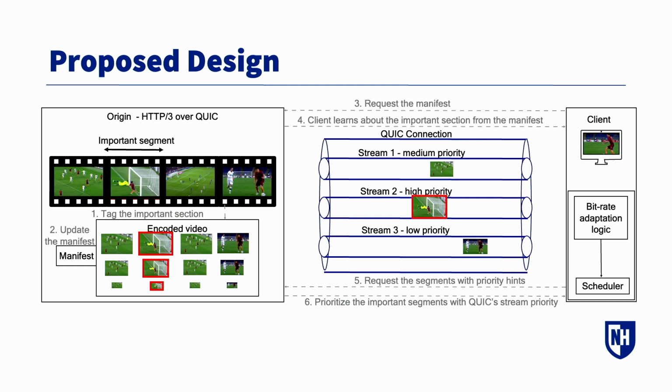Why do we do that? Because this important segment is going to go over the higher priority stream, and we are also going to request the important segment at a higher quality. So we are initiating the request in parallel with the previous segment, and hence it will result in bandwidth sharing of the resources without degrading the quality.